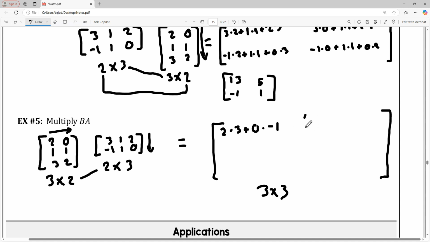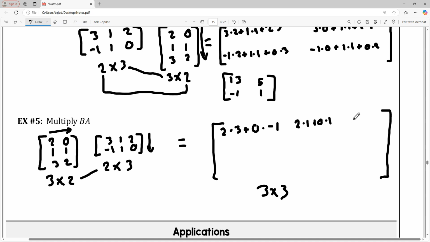If I want the value right after that, it's still in the first row, but now it's in the second column. So I'm going to go 2 times, and I'm going to go to the second column because I'm going first row, second column. 2 times 1 plus 0 times 1.